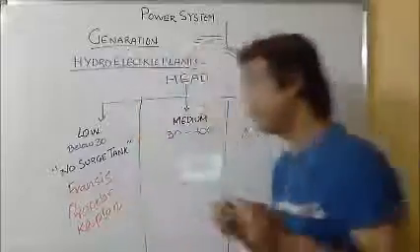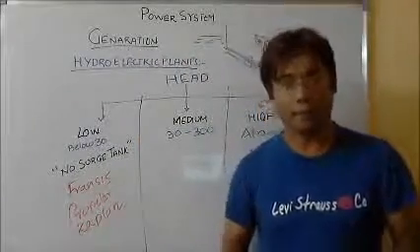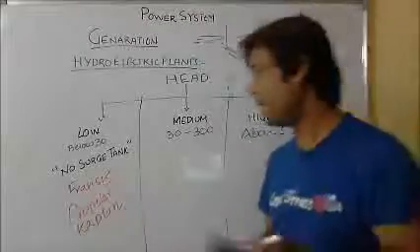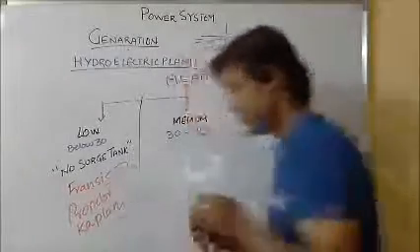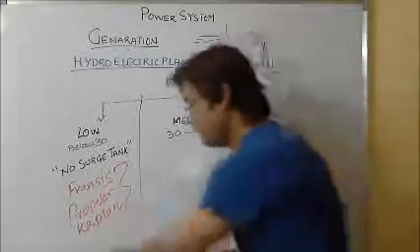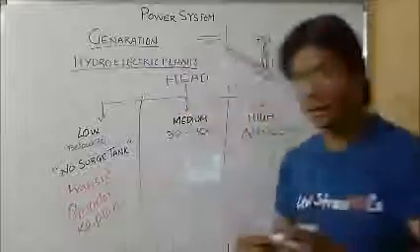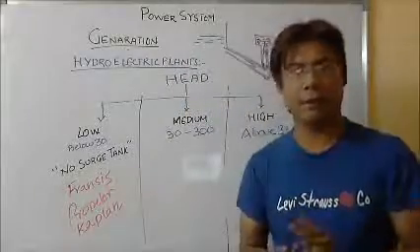These types of turbines are used in low head plants, which are the reaction type of turbine. We'll see that, but we'll not discuss that here. We'll discuss them in a different manner.